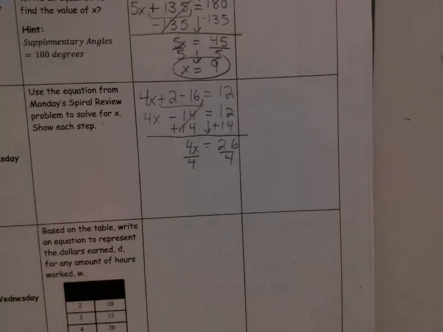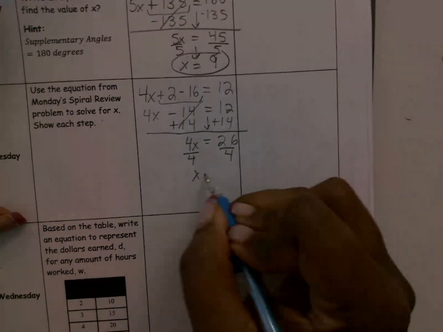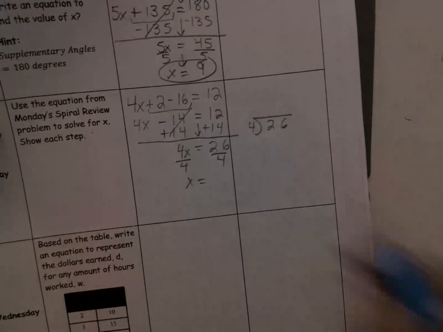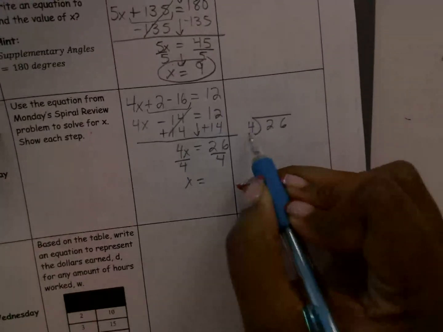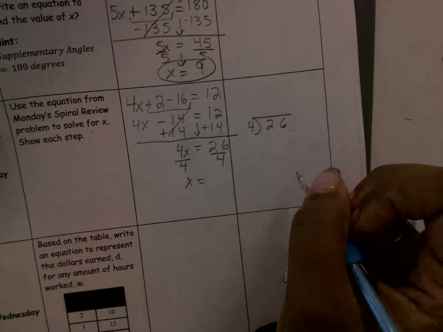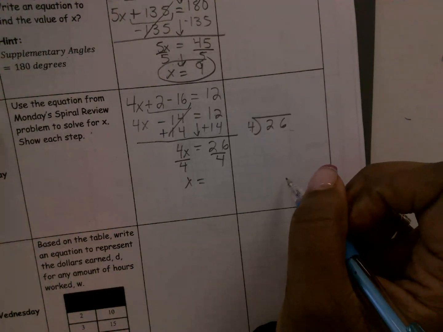Let's type this in our calculator. We don't need calculators today, so it's okay. Actually, let's do it without the calculator. Let's divide. So we have over here, long division. 4 goes into 26. Let's do this together, please. 4 cannot go into 2, but it can go into 26. How many times can 4 go into 26? 6.